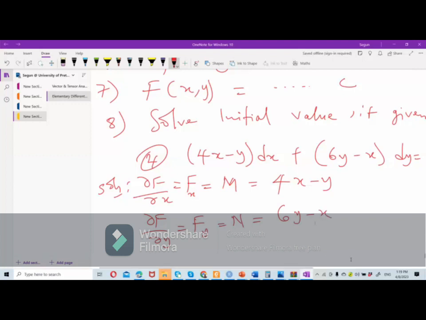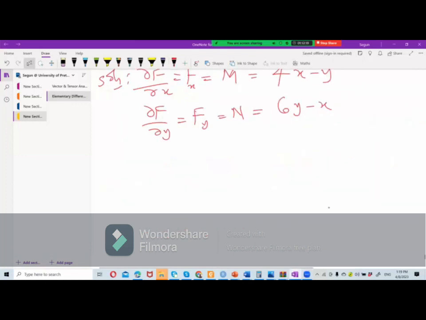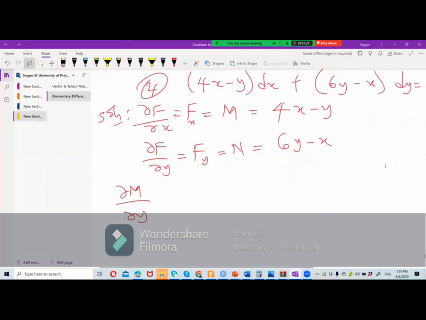Now, let's differentiate m. What do we have? The m dy. Remember, you are differentiating m with respect to y, while you are differentiating n with respect to x.